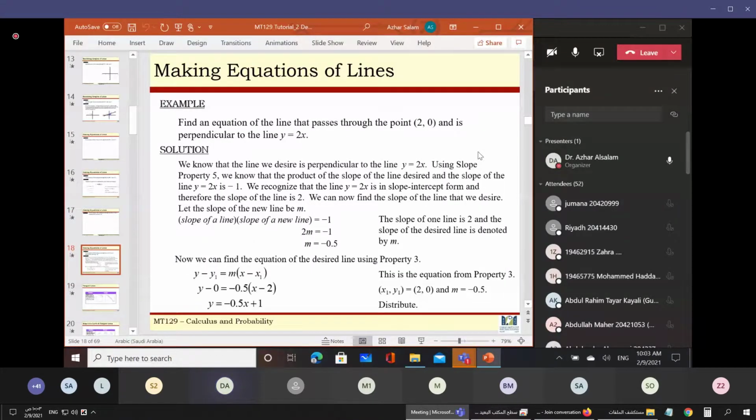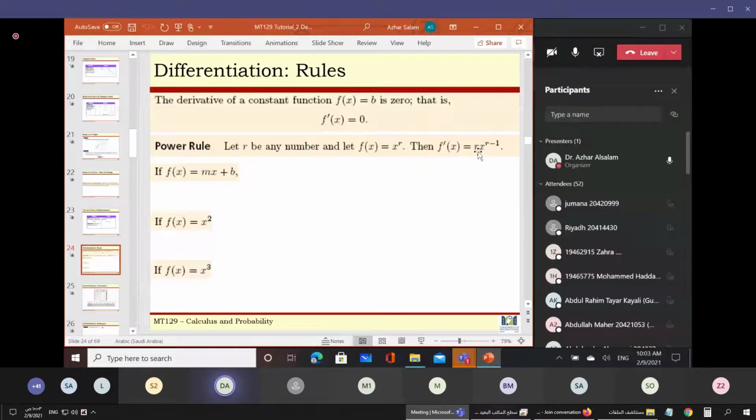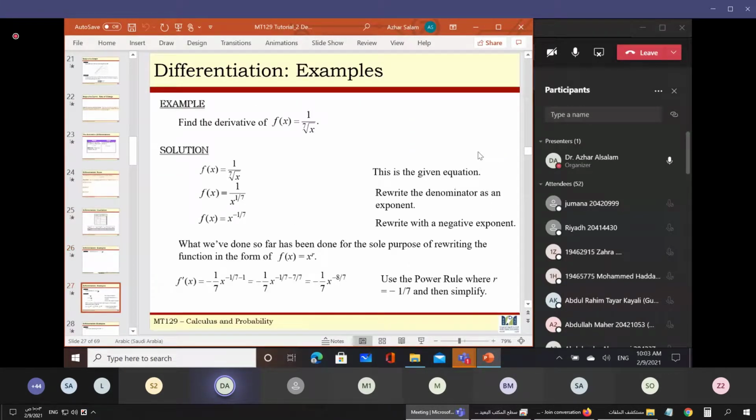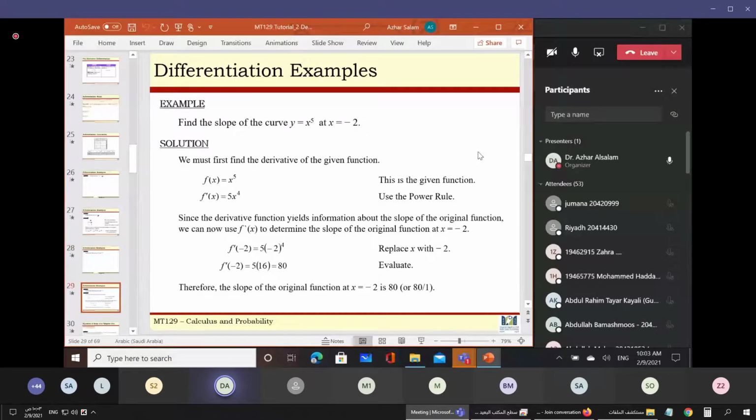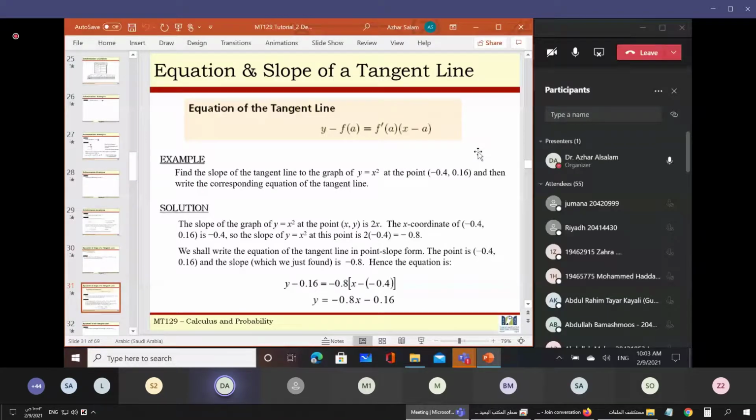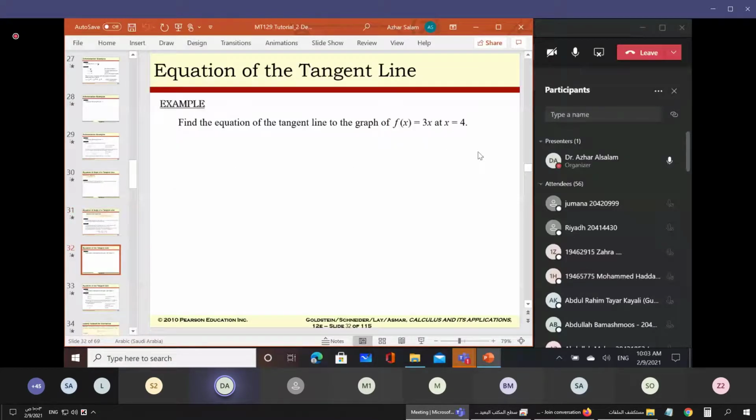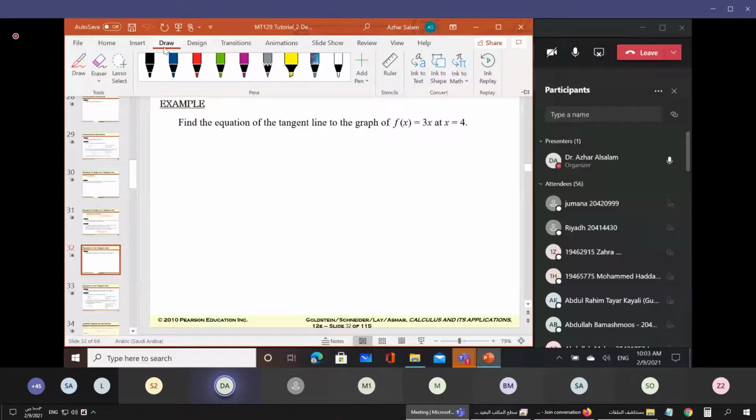That's the last example we talked about in the previous lecture. Now let's take this example to review what we talked about in the previous lecture.